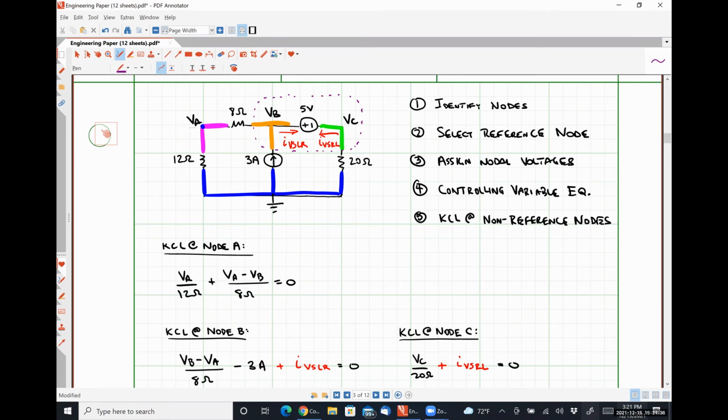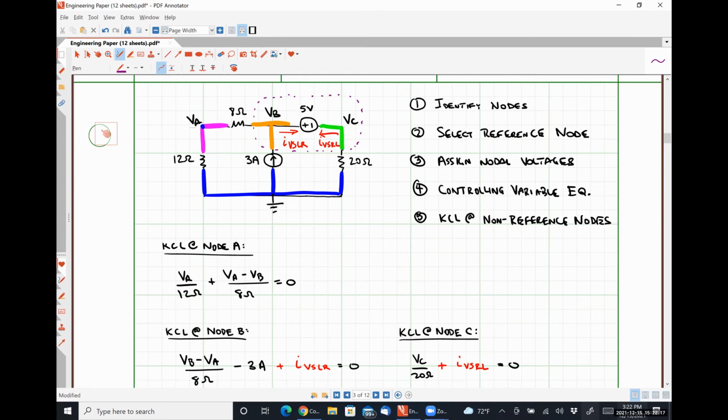If I write an equation that sums all of the currents flowing out of my supernode, what I'm doing is just adding my KCL at node B equation to my KCL at node C equation, okay? All that is saying is 0 plus 0 is equal to 0, which has to be true. What it does is say that the current flowing from left to right through my voltage source is canceled out by the current flowing right to left through my voltage source, which is what Carter just noticed, right?